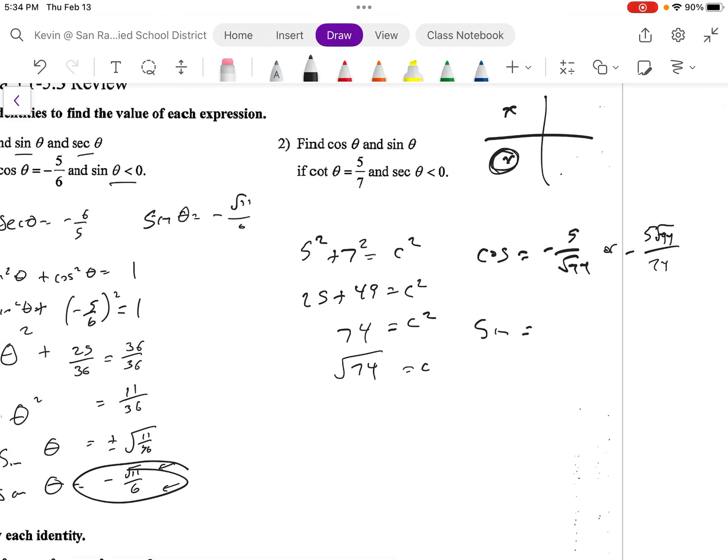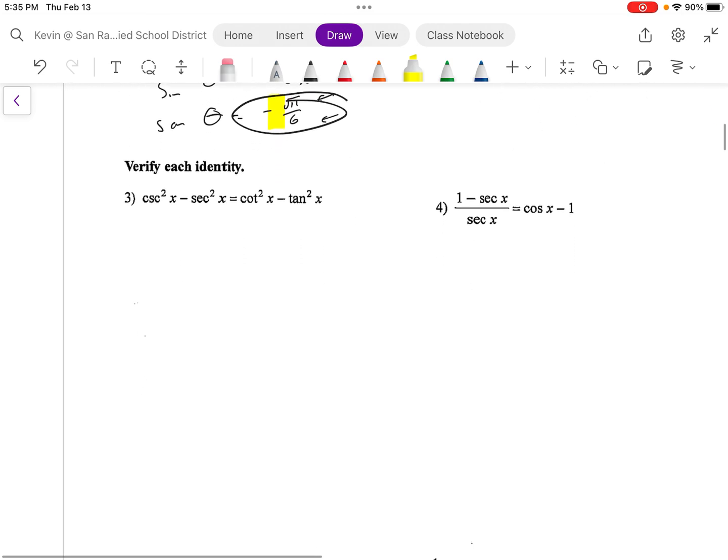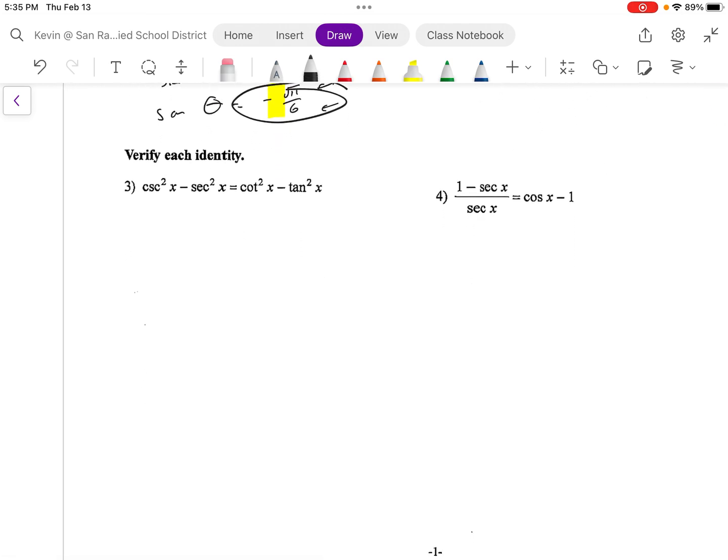And then sine would be negative 7 over root 74, or negative 7 root 74 over 74. We're just using Pythagorean. But if you drew a triangle, that's great. Just make sure you're in the right quadrant. The main thing is to make sure you have these signs correct. That's been our biggest problem, right? The last test. Okay, let's get to the verifying problems.